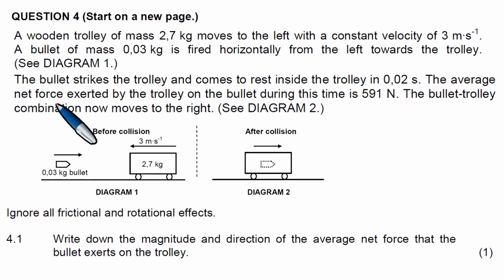The average net force exerted by the trolley on the bullet during this time is 591 newtons. The bullet trolley combination now moves to the right. See diagram 2. The bullet trolley combination, here it is, and it is seen moving towards the right.